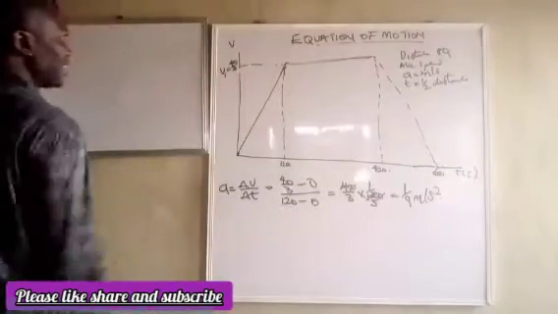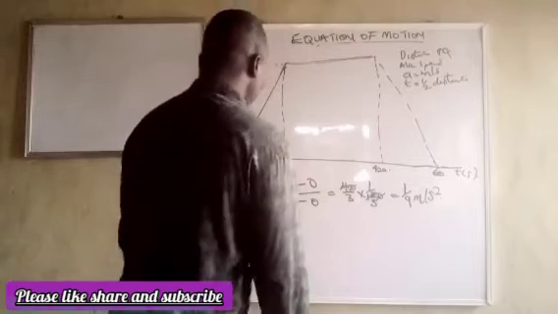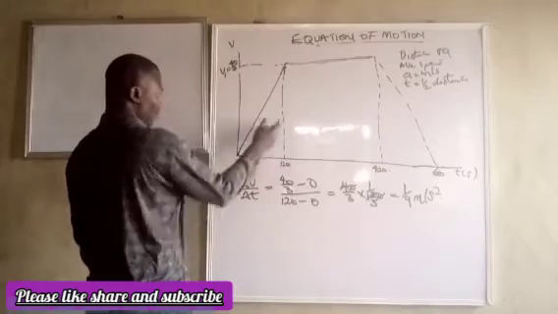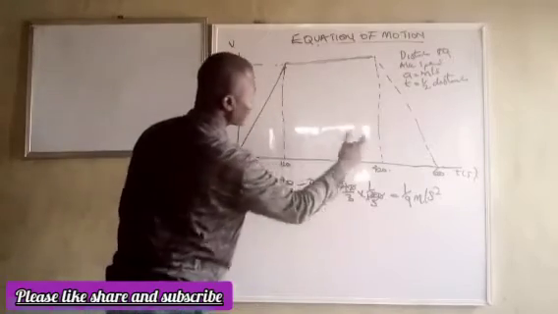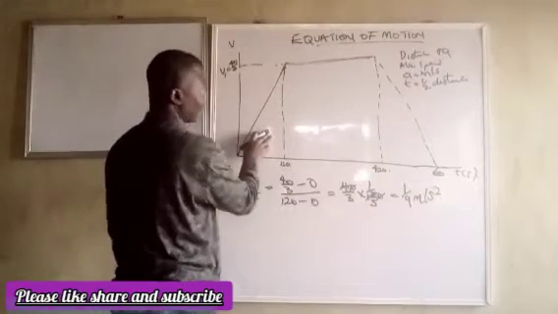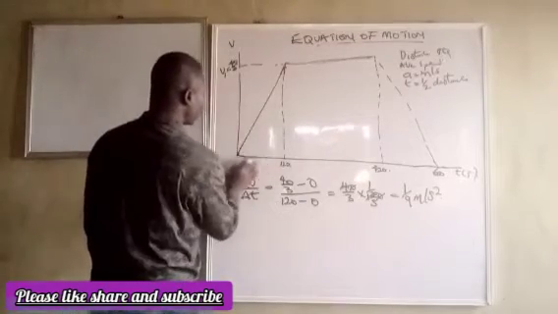We also asked, what is the time for half of the distance? If you calculate the distance here, to confirm if it is up to half of the distance or more than half, it's always safe to check. So let's see, what is the distance from here to here?